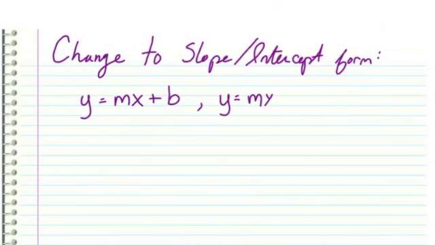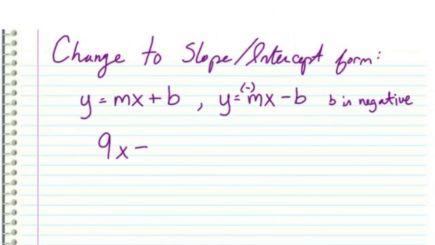Now, some people were confused because their equations ended up looking like y equals mx minus b. That's okay. That just means that b is negative. And that is okay. So you should not be concerned if your equation looks like y equals mx minus b or y equals negative mx minus b. That is fine as well.